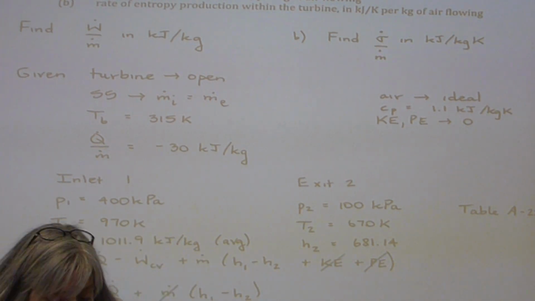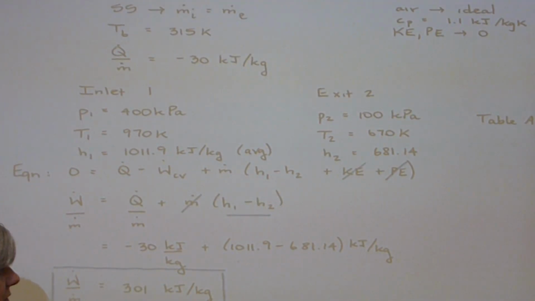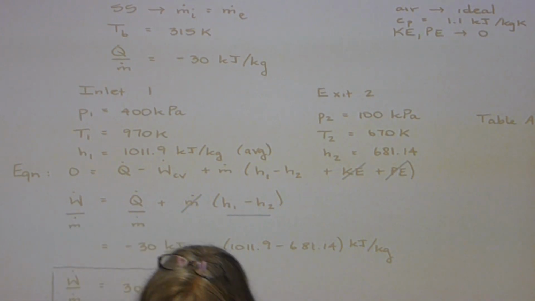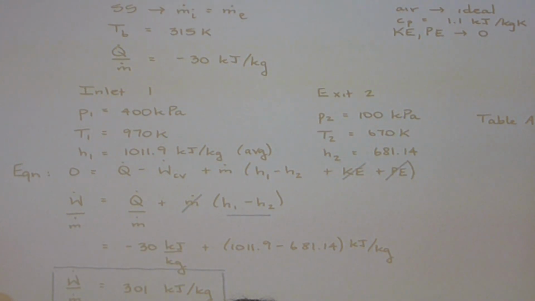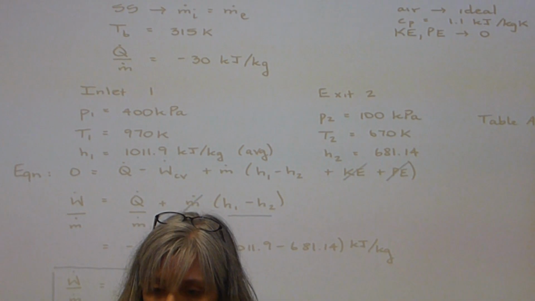Or you can't see, I apologize. Okay, and so now we're just going to drop this into this equation, so it's going to be 330 minus 30, so here I'm going to get 300 kilojoule per kilogram.